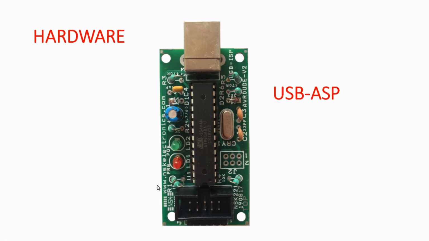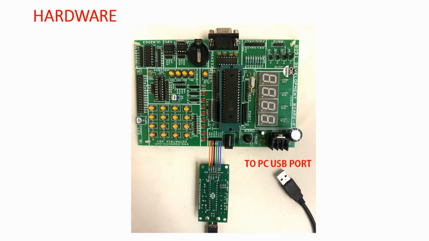The programmer that I am going to use is the USB ASP programmer, and I am going to connect the pinouts of this programmer to my ISP programming lines available in my development board like this. And I am going to connect this USB ASP programmer to my PC through a USB cable like this.